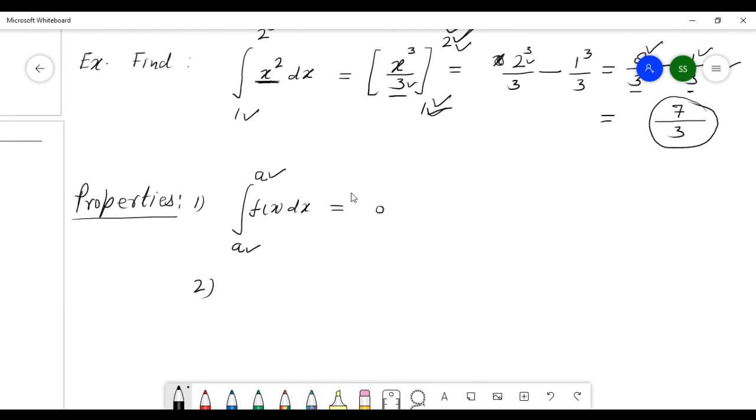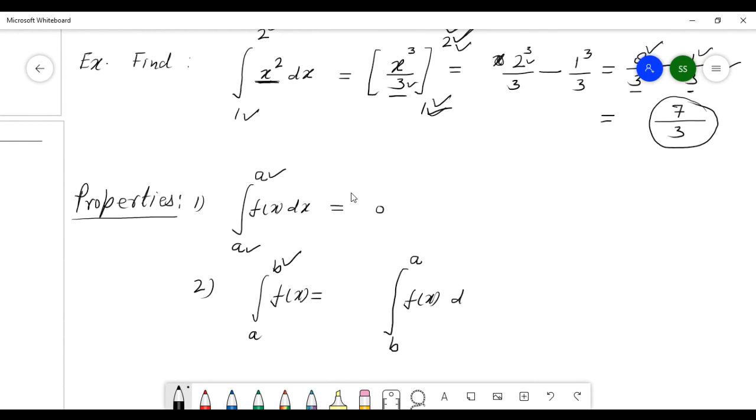And look here, number 2, the integral from A to B of f(x) dx. If you change the limits, B at the bottom and A at the top, then what will happen?